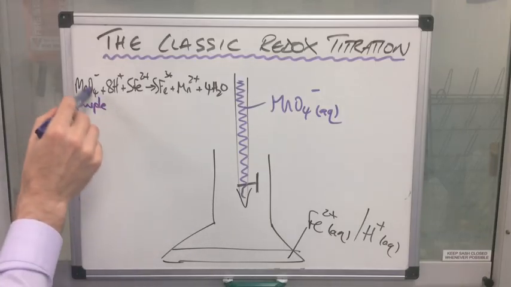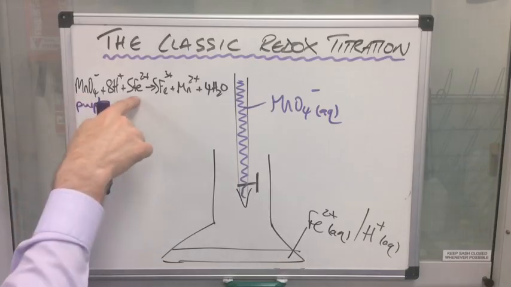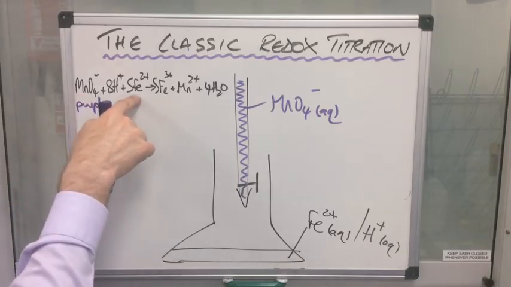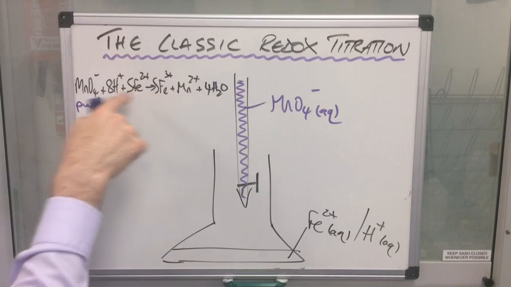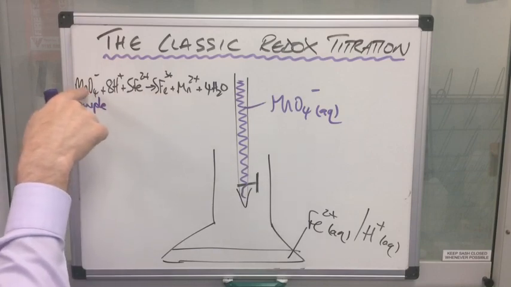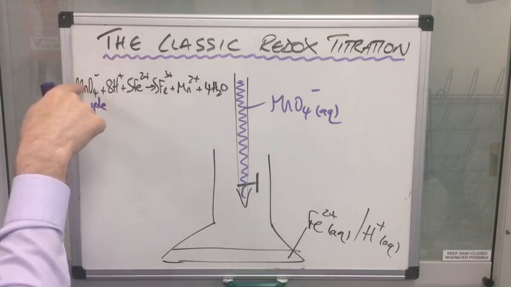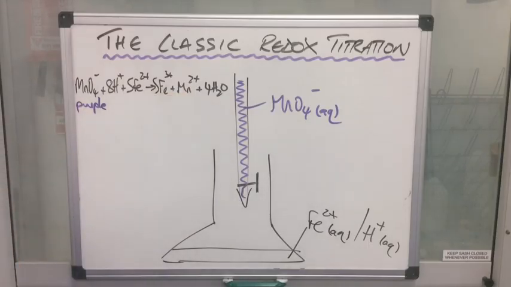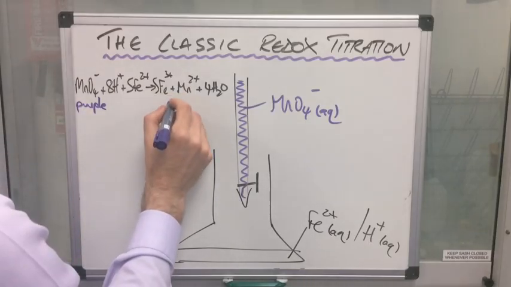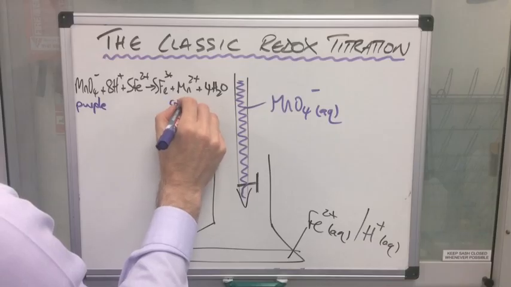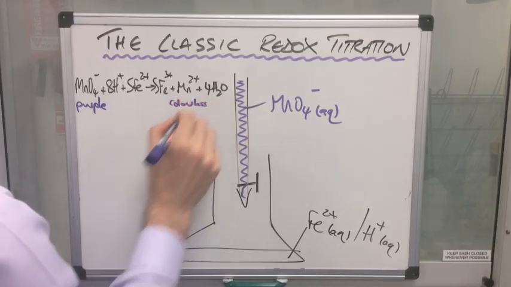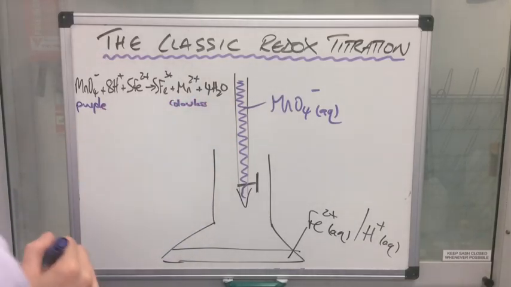Now, when the MnO4- ions react with the Fe2+ ions, the iron 2+ is oxidised to iron 3+, and the Mn is reduced from +7 down to +2. Now this is so pale pink, it's effectively colourless. Okay, it's not technically colourless, it's very, very pale pink.